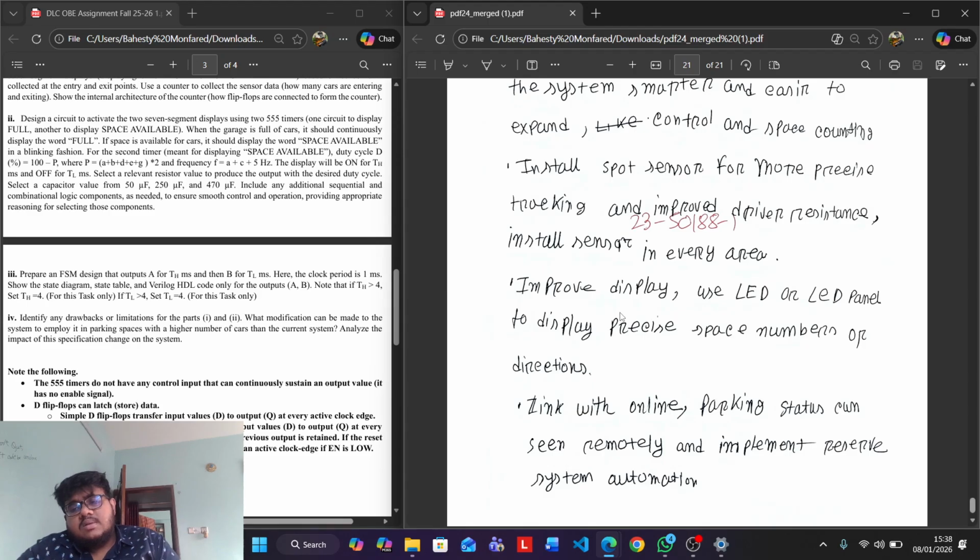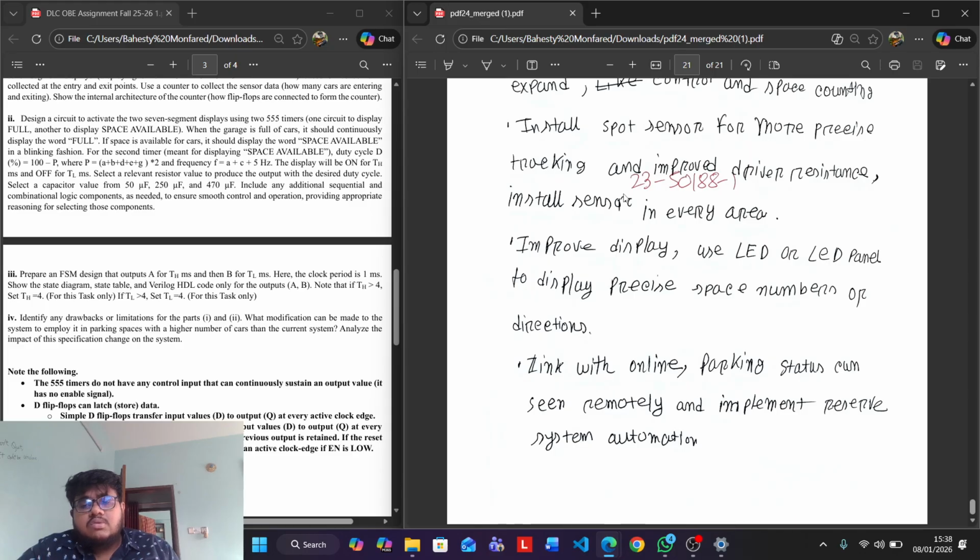If we improve the display, we can show many things, and we can link it with online or IoT services so people can reserve a parking spot for a time, or see the real parking location, or use the security system remotely.